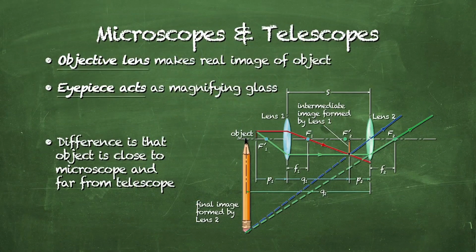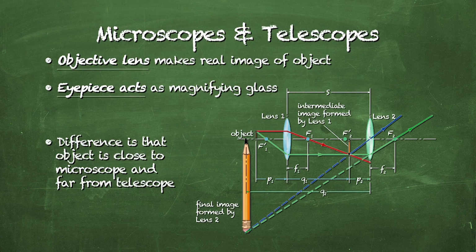Now let's talk about compound optics, such as a microscope or a telescope. Microscopes and telescopes work on the same principle as shown in this diagram. You are looking at an object, and it's that small pencil, and you have lens 1, which we call the objective lens in both cases.